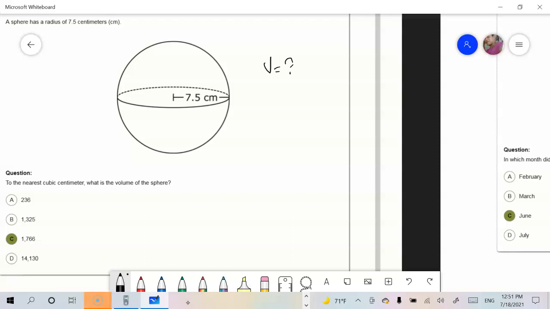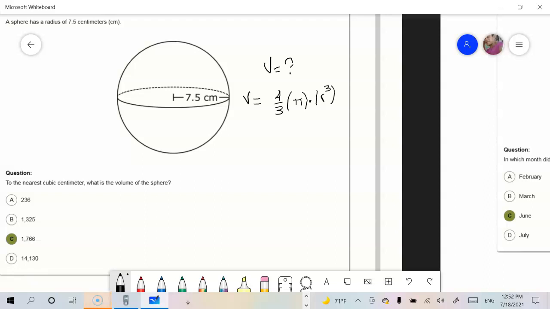You will have these formulas available on your test, but I want to remind you that the volume of a sphere is equal to, let me write this better so you can understand me better, 4/3 multiplied by pi and multiplied by the radius to the power of 3. Now do we have all of the information we need?